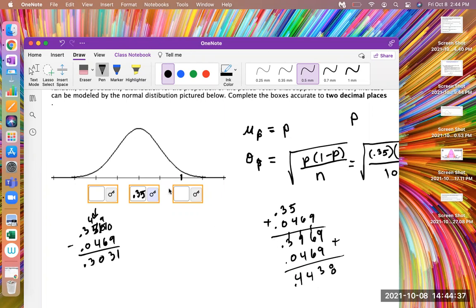They want you accurate to 2 decimal places, so you just do 0.44 here. And then on the other side, you have to take away another 0.0469. And you do borrow, and those are your answers.